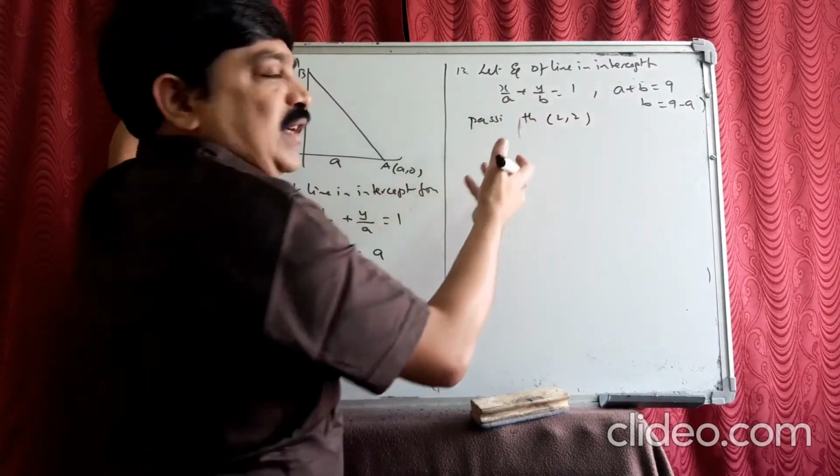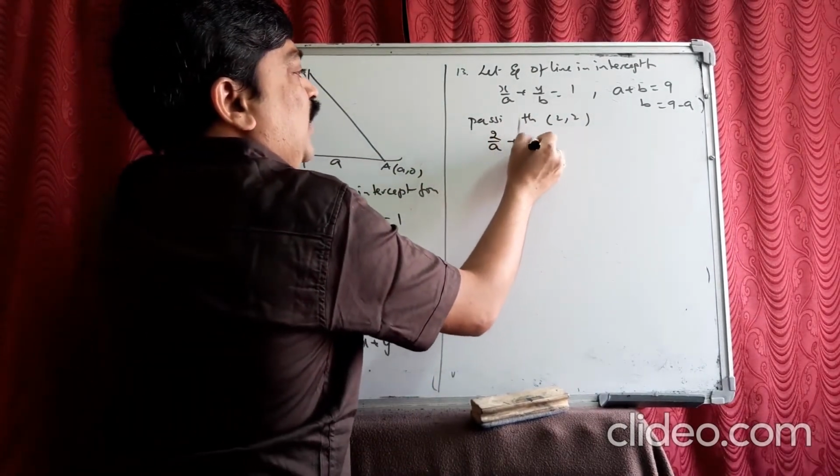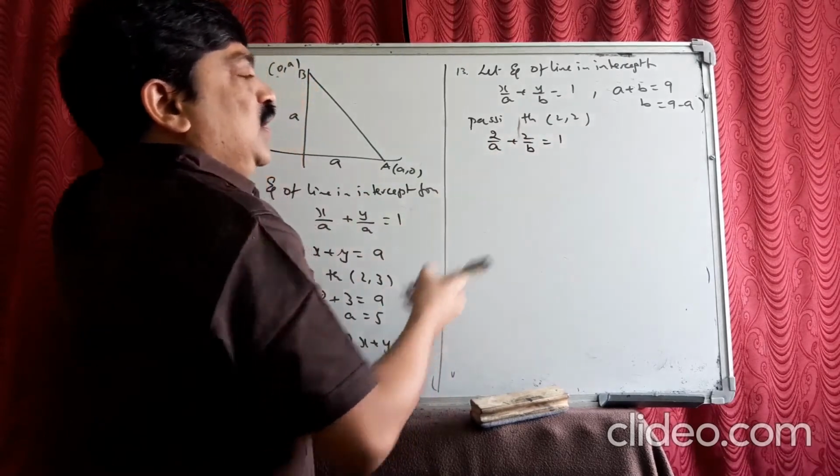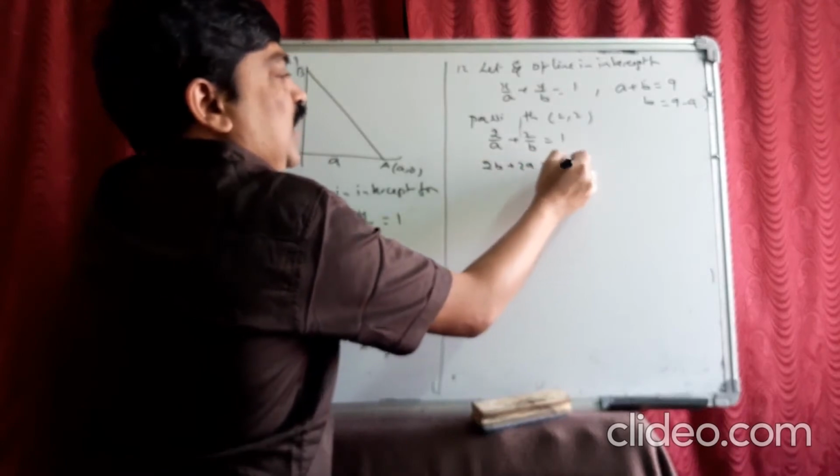Passing through means we can substitute in the place of x and y. It becomes 2/a plus 2/b equal to 1. If I take the LCM, 2b plus 2a is equal to ab.